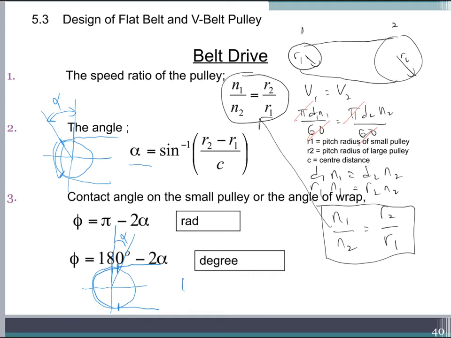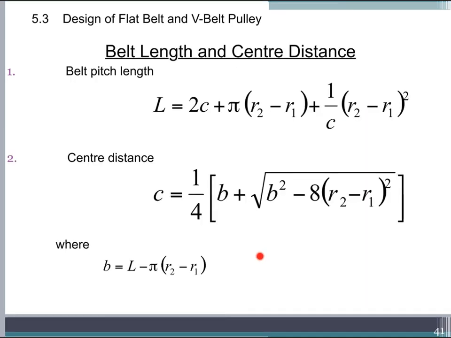So for the large pulley, the angle of contact is 180, which is this section, plus this angle 2, so plus 2 alpha. So there is some value we can find related to belt length and center distance.